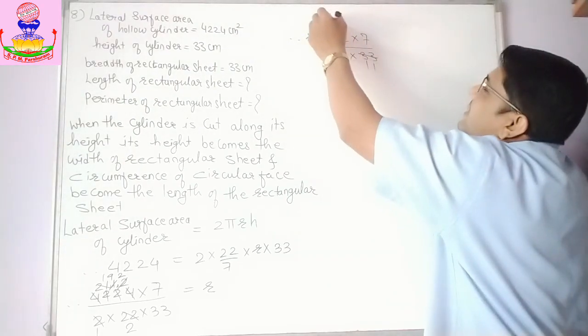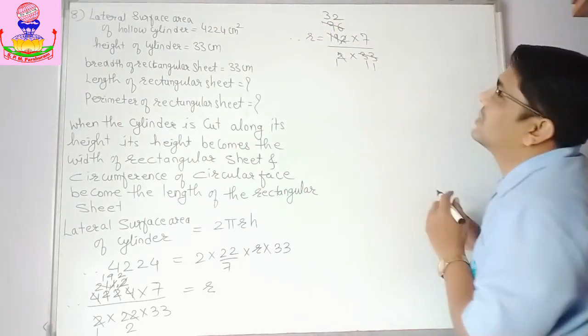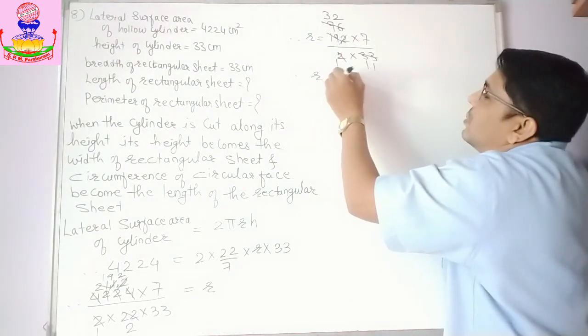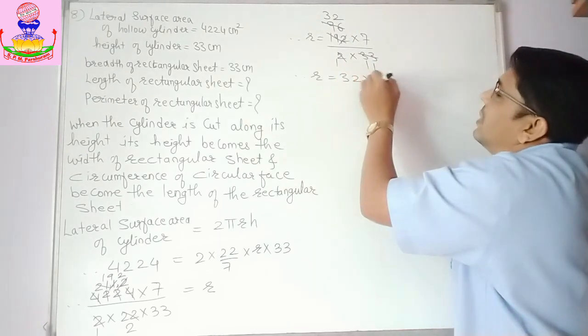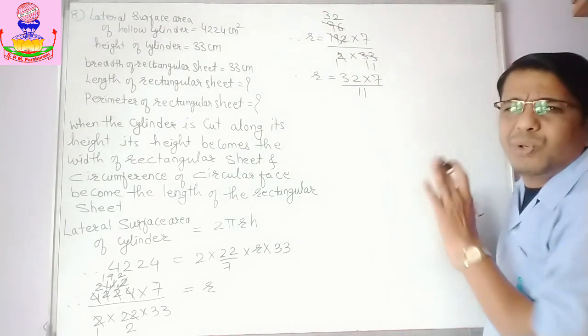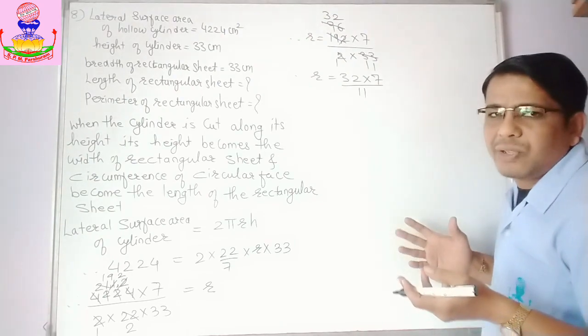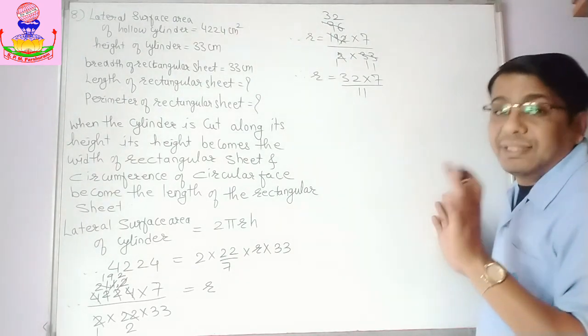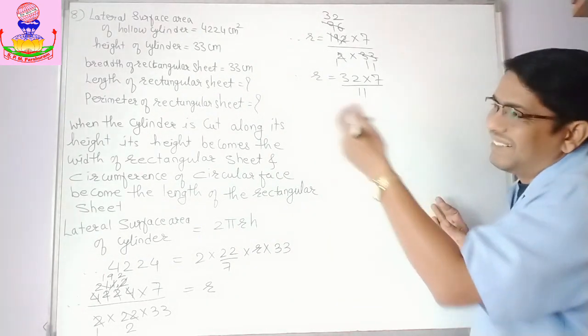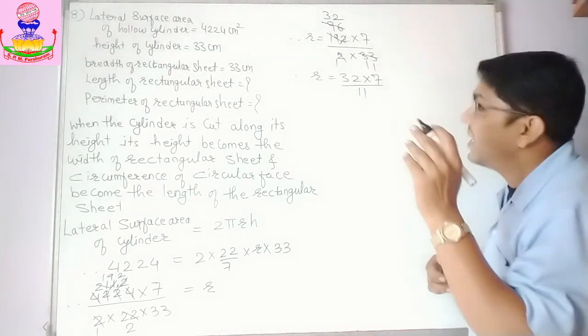And here, 3 threes are 9, 3 twos are 6. So R is equal to 32 into 7 upon 11. Don't do anything here. We are not requiring the answer of the radius. We will use this in finding out the circumference.